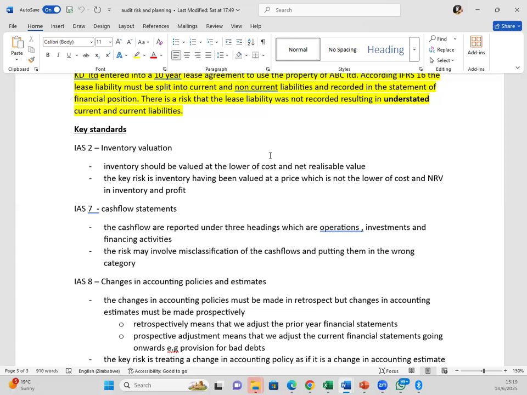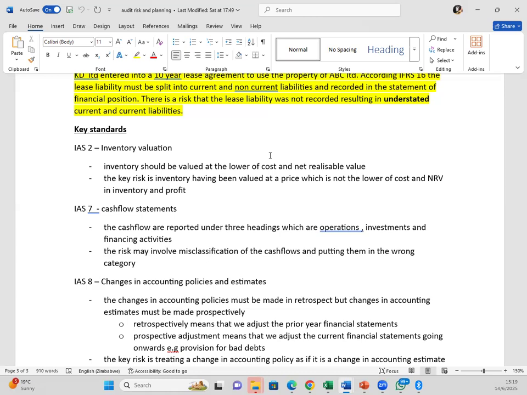Okay, let's proceed. So IAS 7, I was saying, the standard tells us how we are supposed to account for cash flows, the cash receipts we receive.